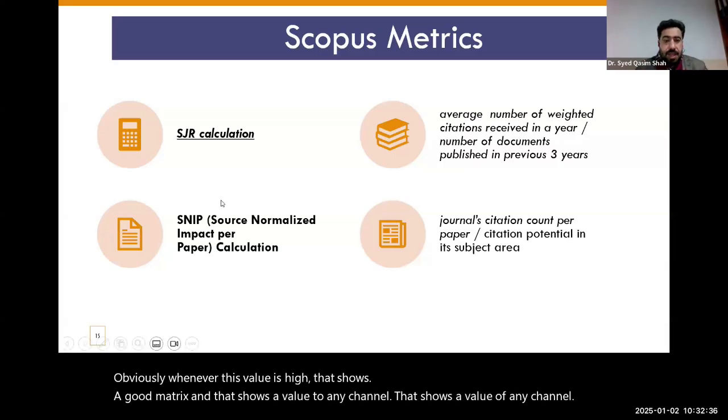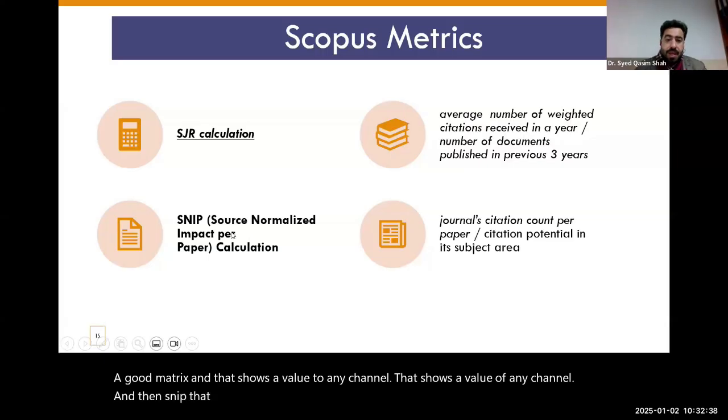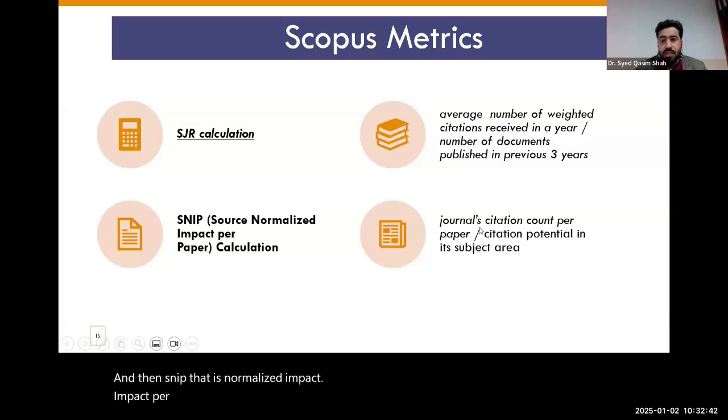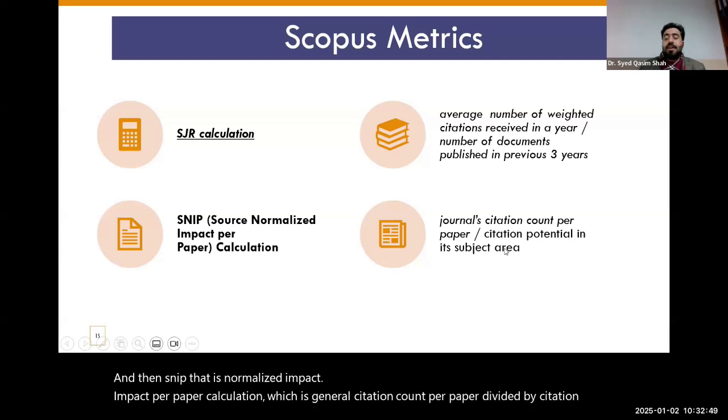And then SNIP, that is source normalized impact per paper. The calculation is journal citation count per paper divided by the citation potential in its subject area.